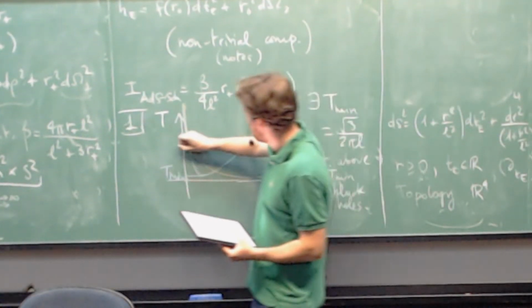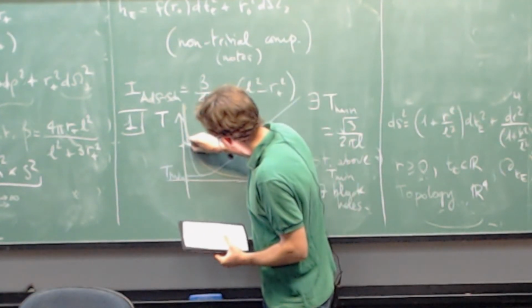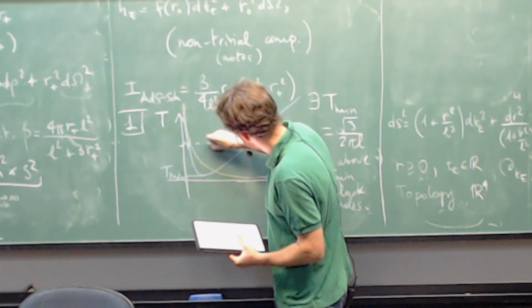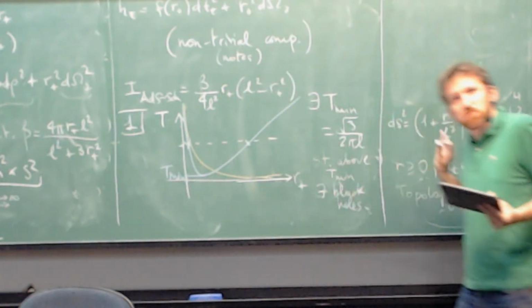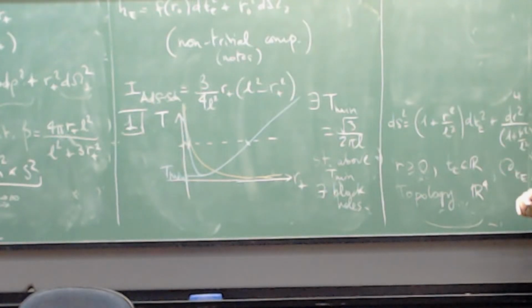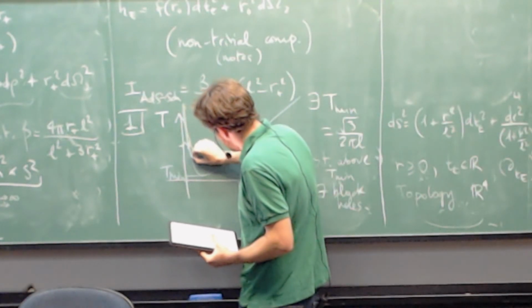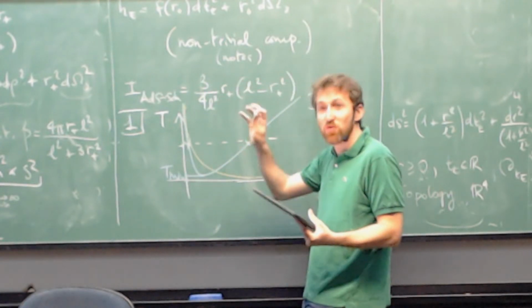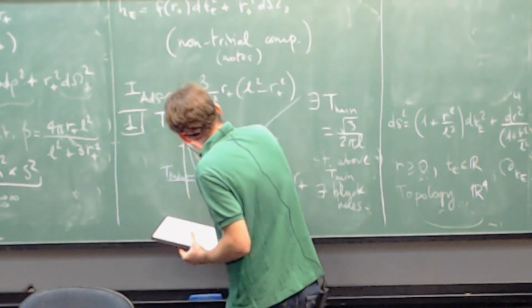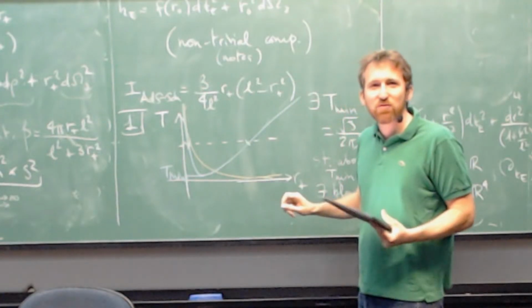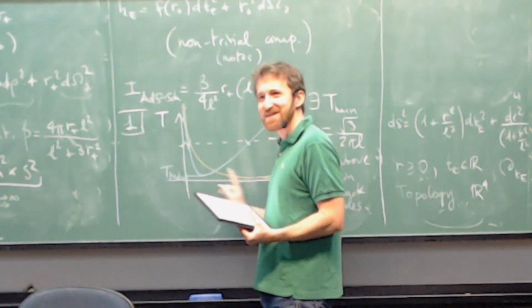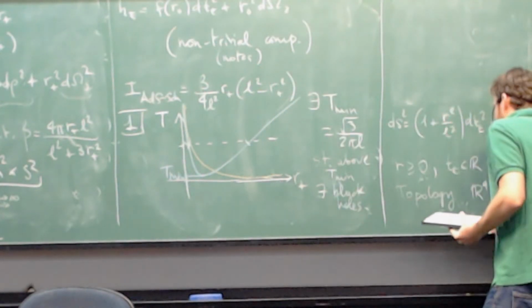Right? For all T above T min, I have this and I have this. These are both good black holes with different horizon radius. All the black holes on this branch are called the small black holes. All the black holes on this branch are called the large black holes, because r plus is larger than the other.